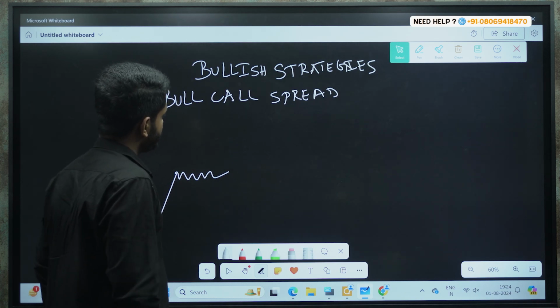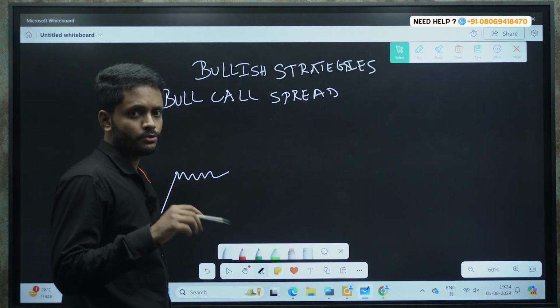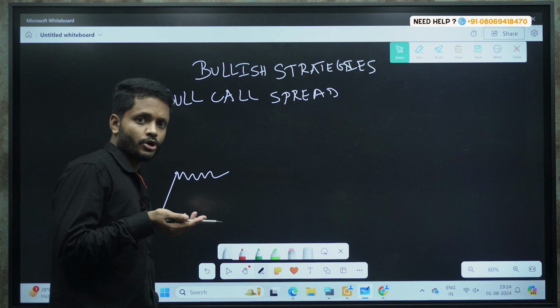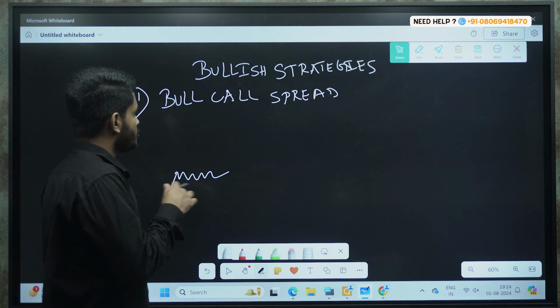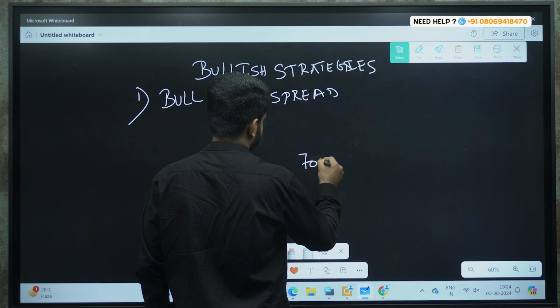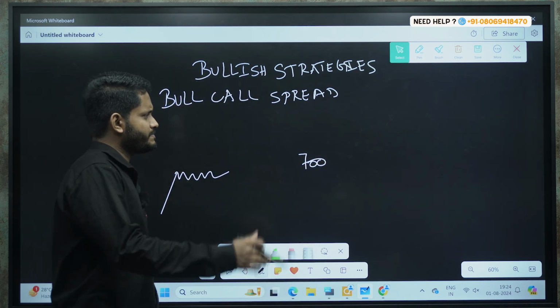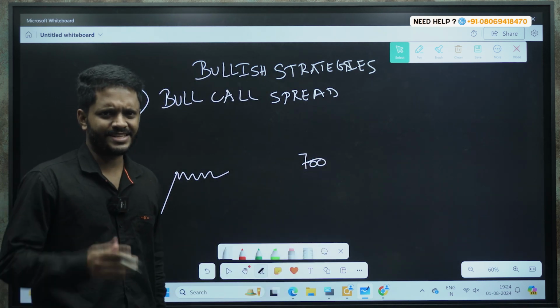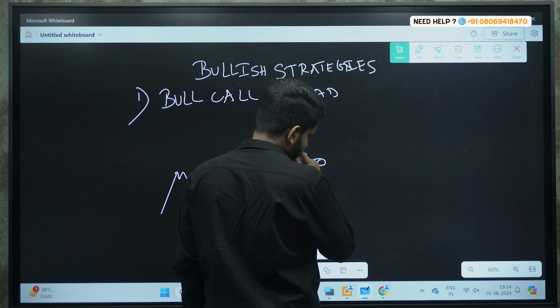So in case of a bull call spread, we will talk about when to initiate it as well. Say for example, the stock is trading at 700 rupees and you are expecting the stock to touch 750 level, 750 is the resistance. So what is bull call spread?